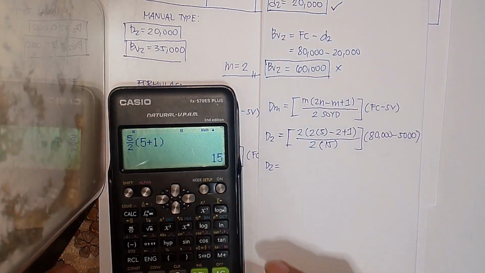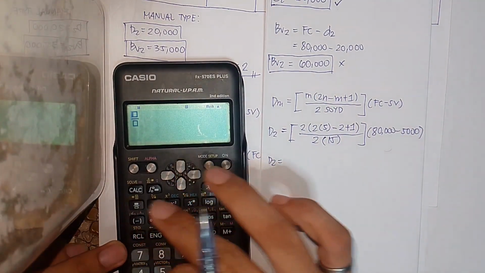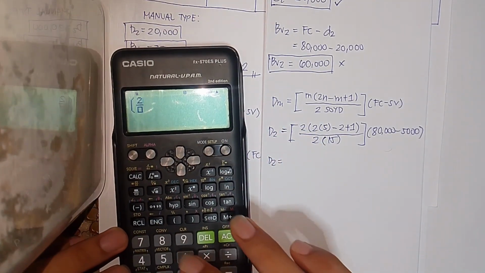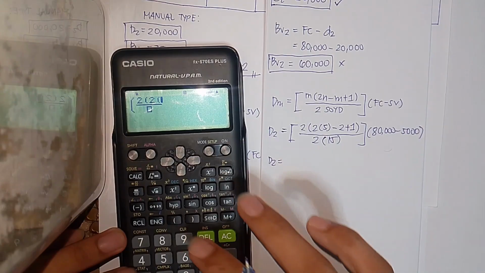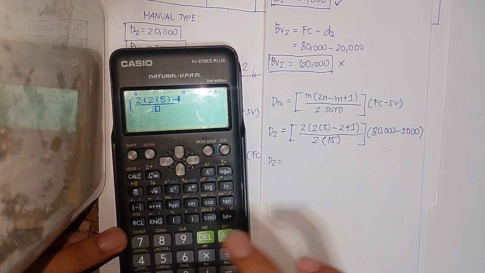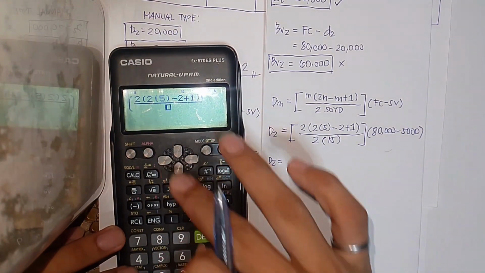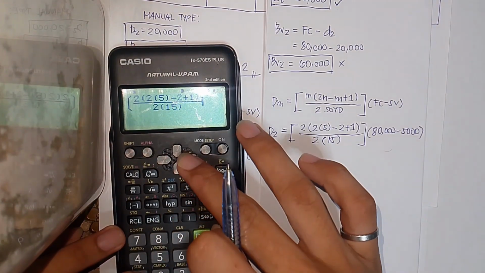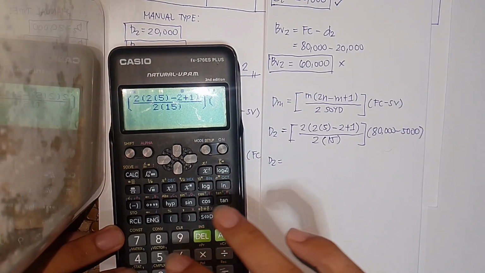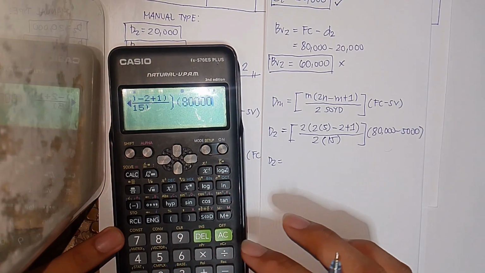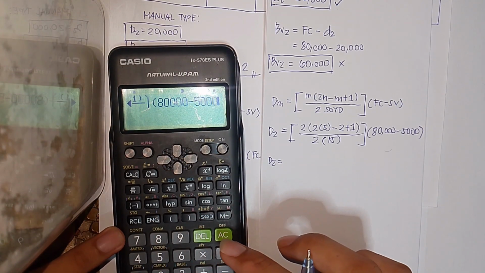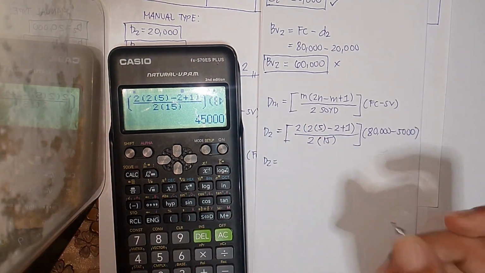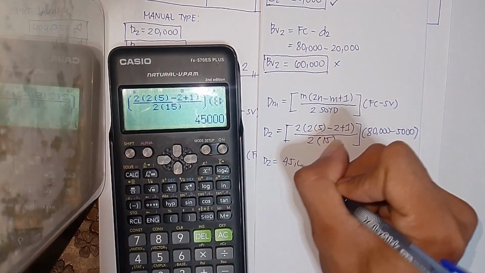D2 is equal to 2 times (5 minus 2 plus 1) over 2 times 15 times 80,000 minus 5,000. D2 is equal to 45,000.